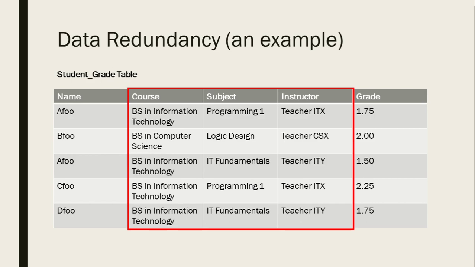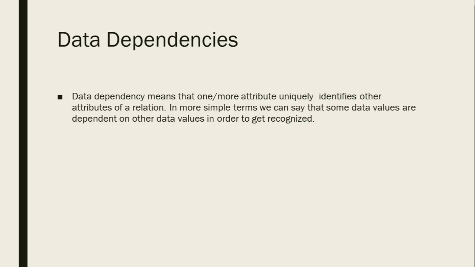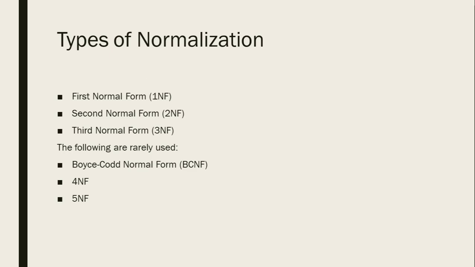It is not uncommon that two persons will have the same name. How would we know that in this case there are two AFU persons in our records? We can answer that by using data dependencies. Later we will talk about that.